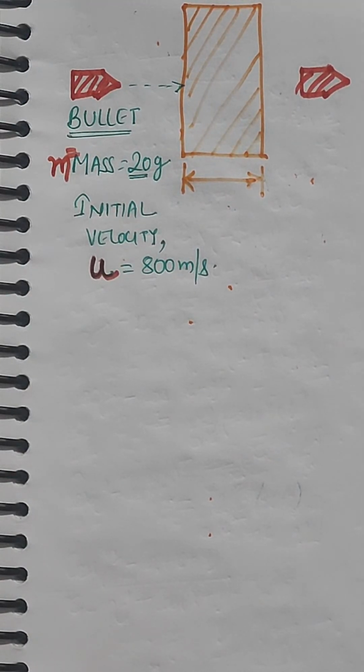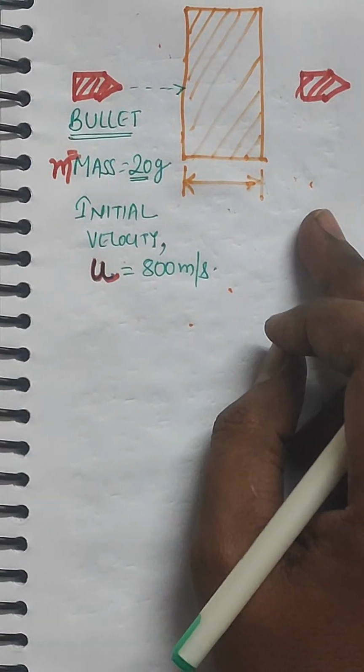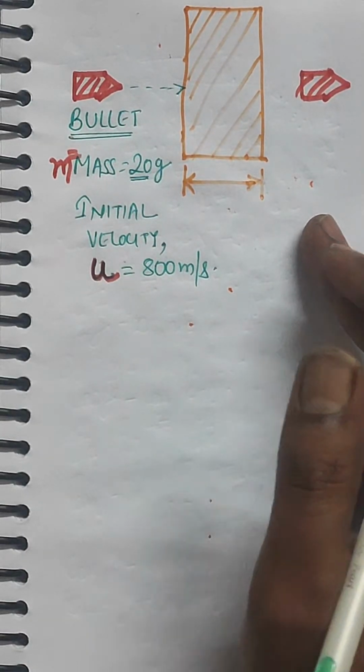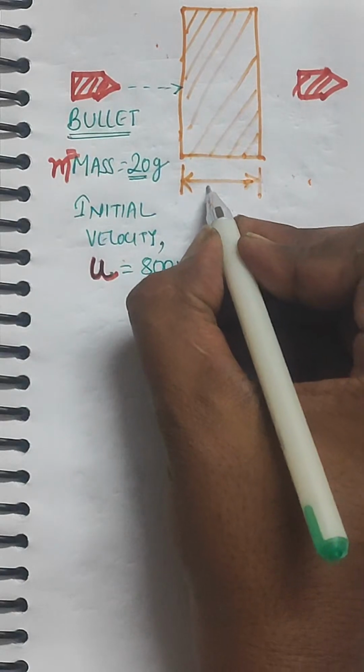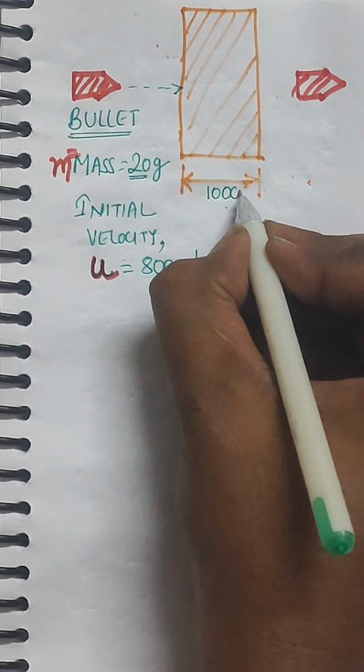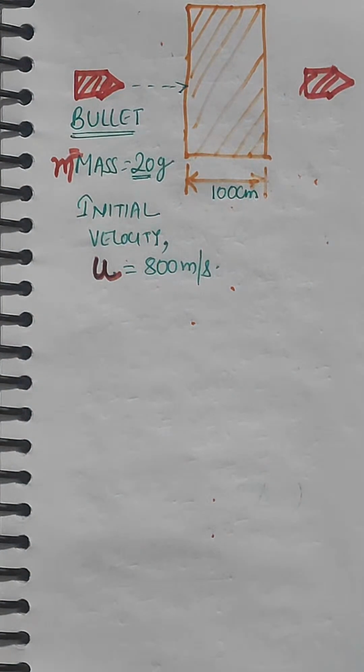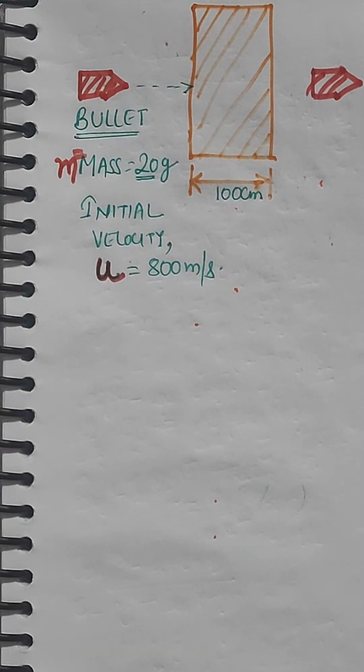Now after passing through a mud wall of 100 centimeter thickness, that means the thickness of this mud wall is 100 centimeter, the velocity drops to 100 meter per second.